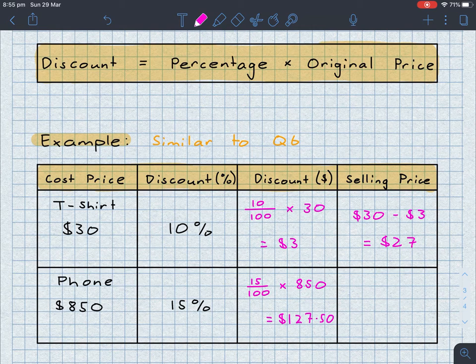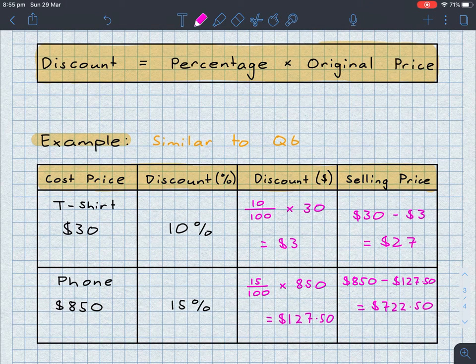That's how much I'm saving on this phone. So if I'm saving this much and it used to be this much, then I'm just going to do $850 take away $127.50 because that's what I'm saving. And in my calculator, that tells me that the new price that I'm paying is $722.50 for this phone.